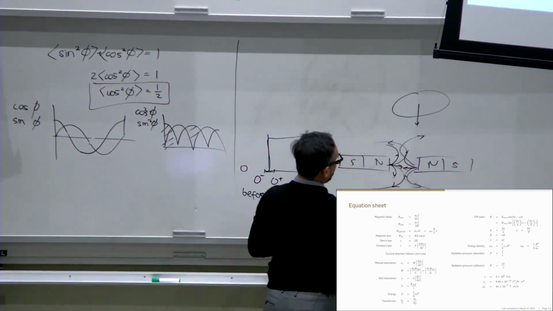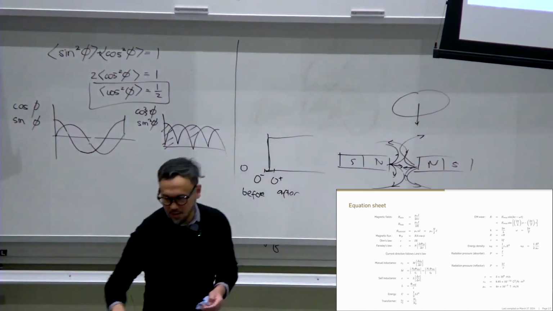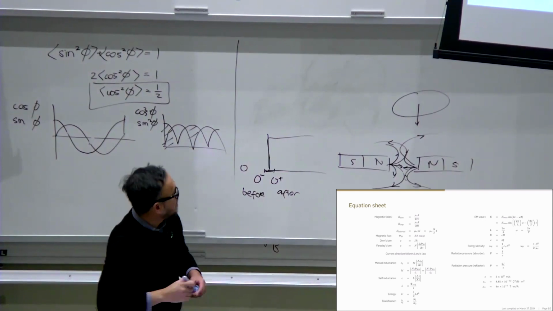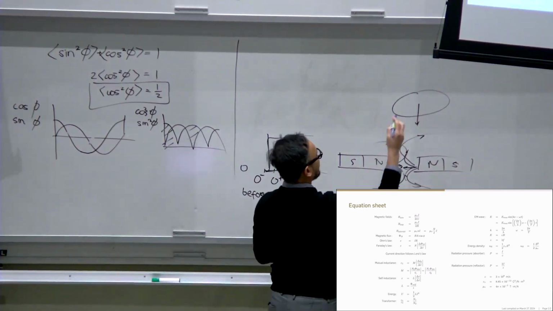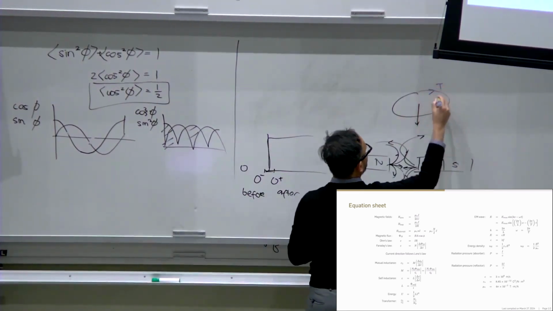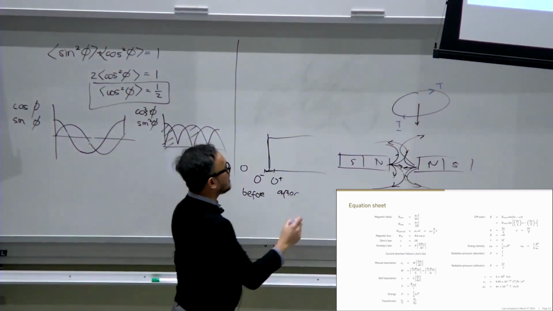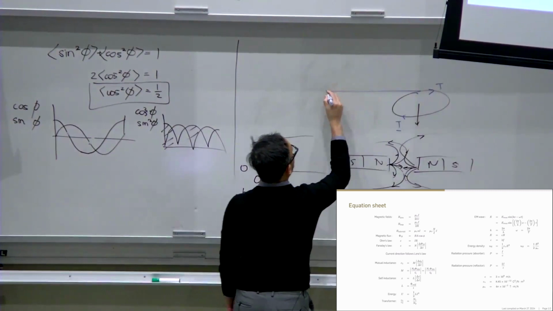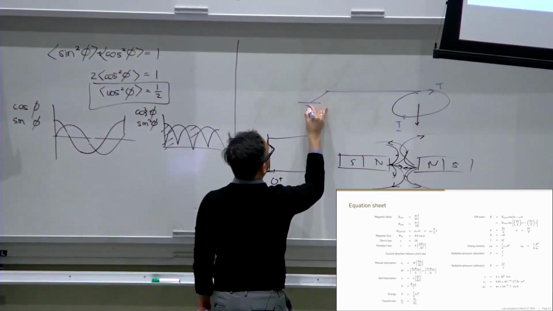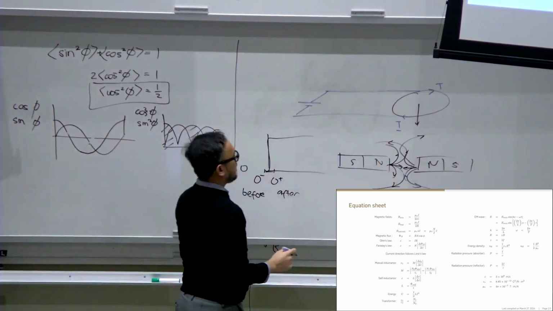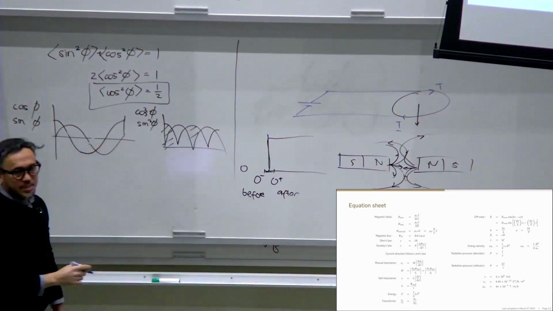The direction of the magnetic field depends on the currents, and currents depend on the direction of the battery.